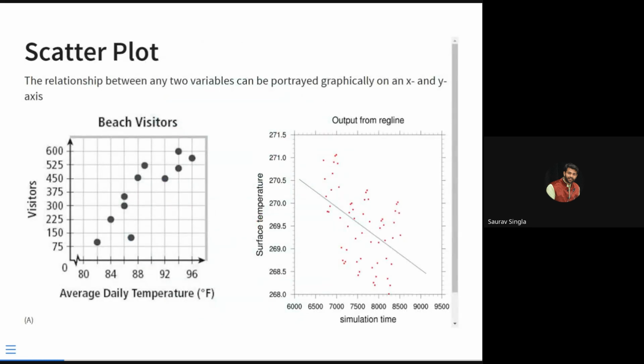Let's first understand the concept of a scatter plot. What is a scatter plot? Then we will dive into correlation. Are you familiar with this term, scatter plot? Have you heard what it represents, or have you seen it?